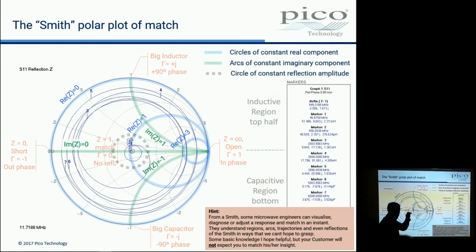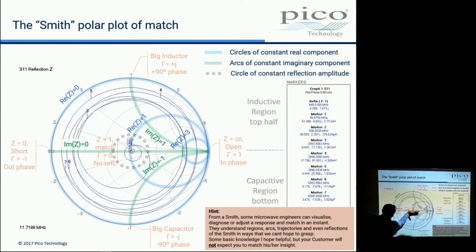So if I had a mismatch of, say, minus 20 dB, then that would be a circle of constant reflection on the chart, somewhat close to the center, because that's quite a good match, minus 20 dB. And then we also indicated that we had a big capacitor down here.